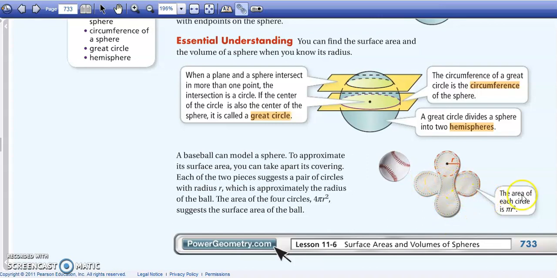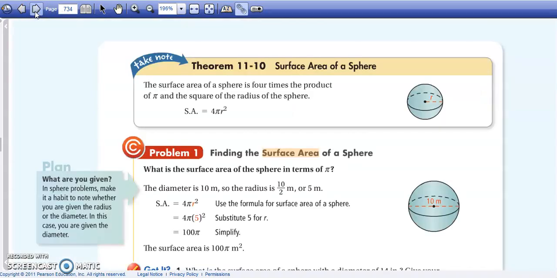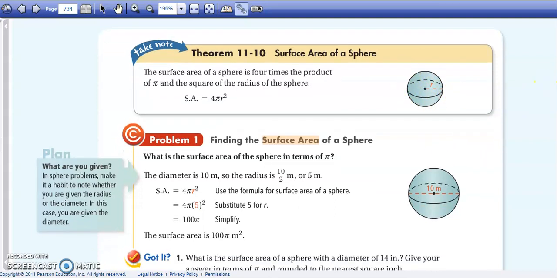The area of each circle is pi r squared, but the 4 of them cover the sphere. So the formula of the surface area is the formula of the circle times 4, because we may fold 4 circles with the same radius around the sphere. This is the first formula.